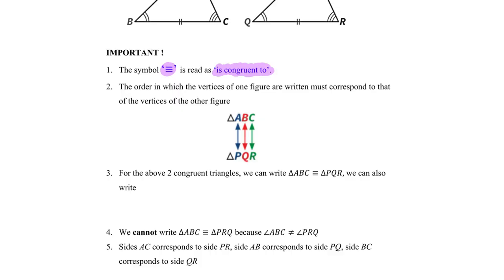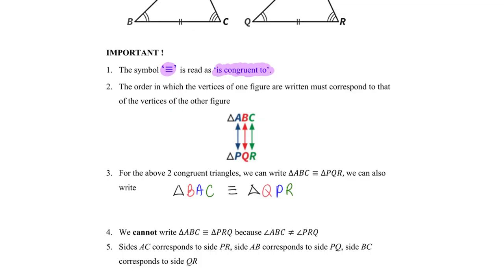We can also, since we just need to make sure that the points are corresponding to each other, then there are actually two different ways of writing this also. If I were to write it as triangle BAC, then I will have to write it as triangle QPR.